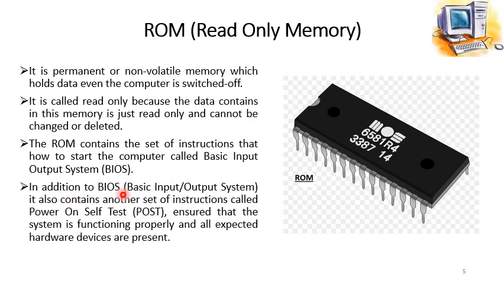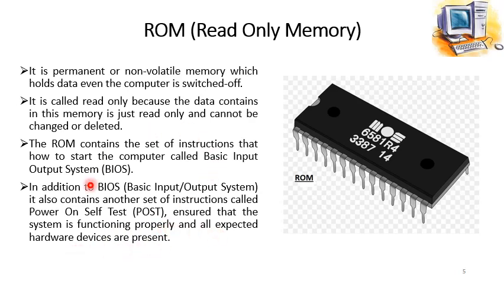In addition to BIOS, basic input output system, it also contains another set of instructions called power on self test, which in short is called POST. Power on self test. This set of instructions ensures that the system is functioning properly and all the expected hardware devices are present.